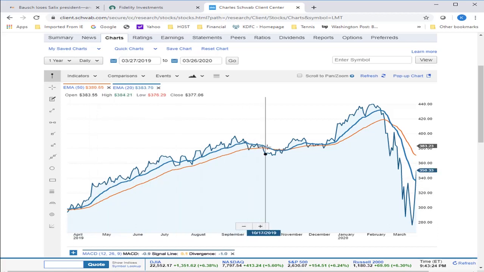And you can see how it crosses the 50-day moving average. And it barely touches here. And here you can see it actually dipping very rapidly comparing to the 50-day moving average. And in the old days, we used to use a 50-day moving average against the 200-day moving average.